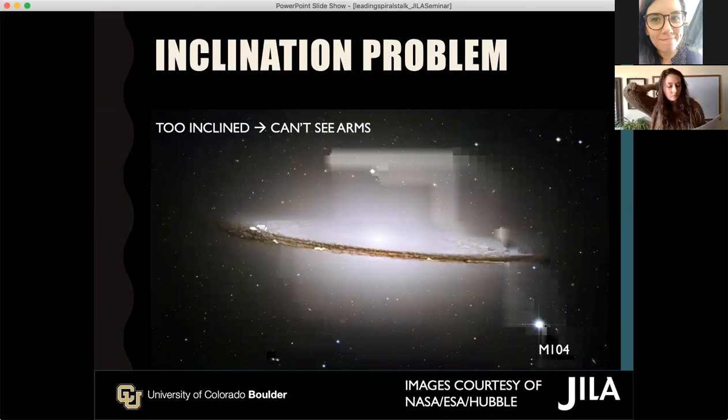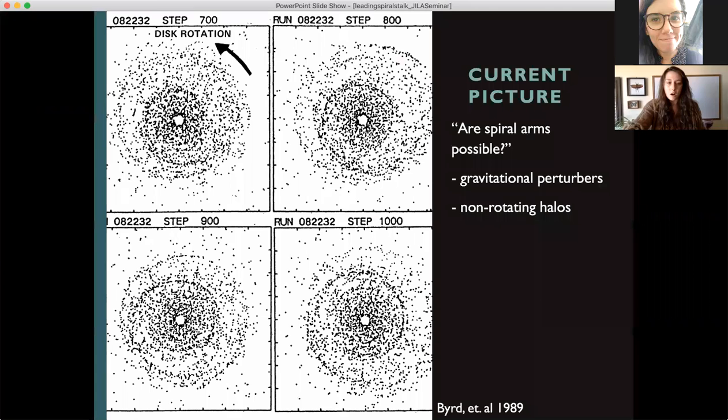So the current picture in the field is basically, up until now, researchers have been asking the question, are leading spiral arms possible? So as I said, we found a couple examples where, yes, it's possible if we have a retrograde perturber.